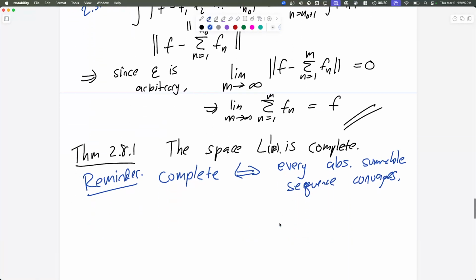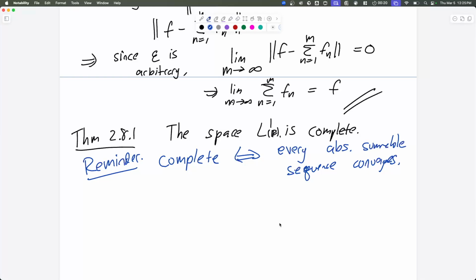Okay, so here is the proof of theorem 2.8.1. Proof.